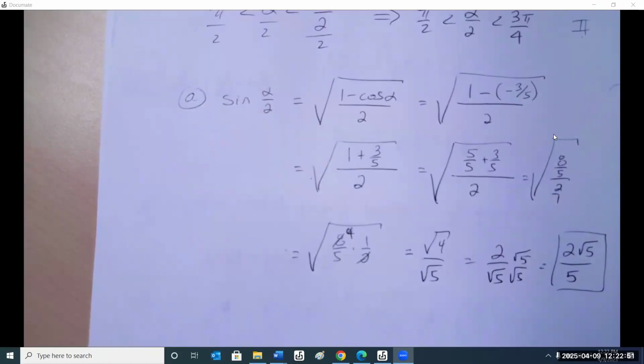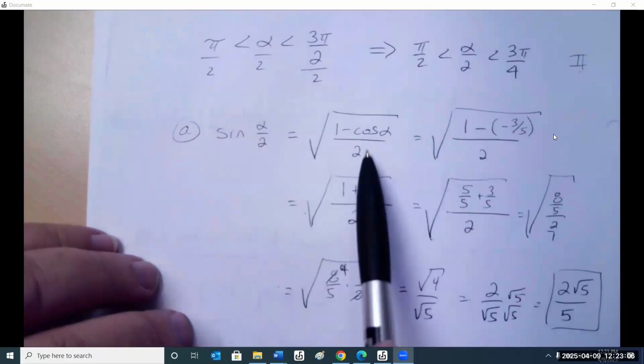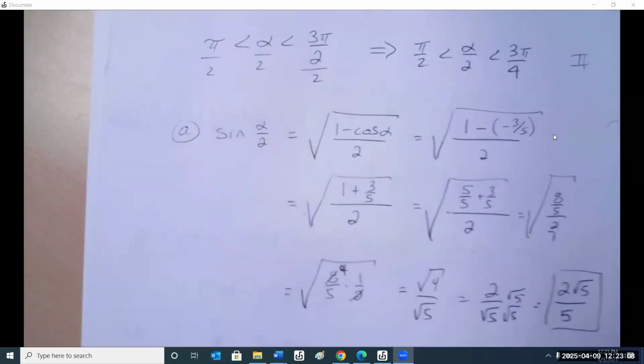I guess I figured we were simply given cosine, we would figure out sine first. And that's the beauty of it. All these formulas will have cosine as the function.